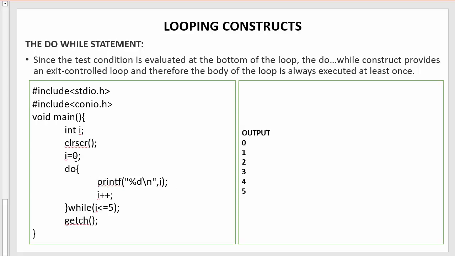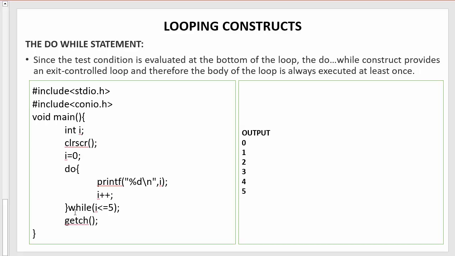The value of I is 0, so 0 gets printed. Then I gets incremented by 1, so now I becomes 1. Control then comes to the condition to check whether I, which is 1, is less than or equal to 5. Yes, the condition is true.